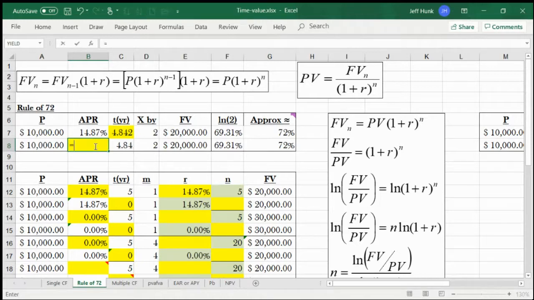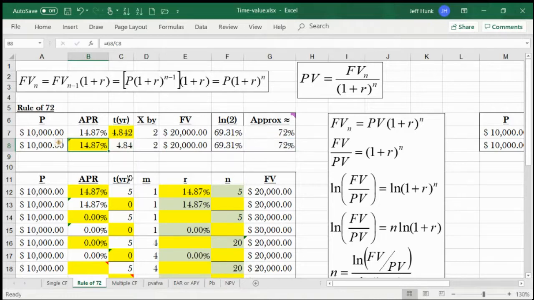But by using the rule of 72, if you divide 72 by APR, that gave you time. Then if you divide 72 by time, that should give you the APR, right?